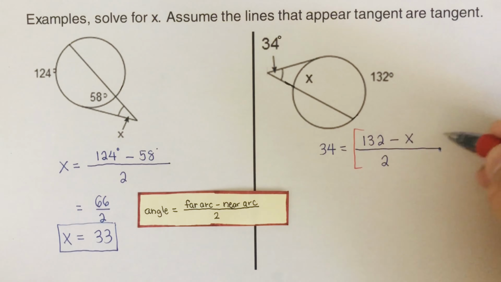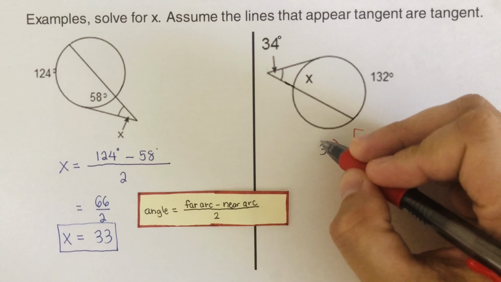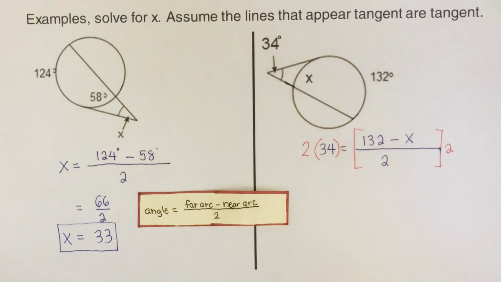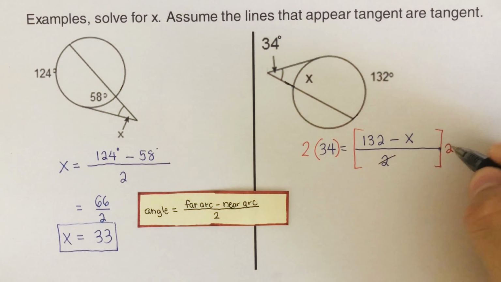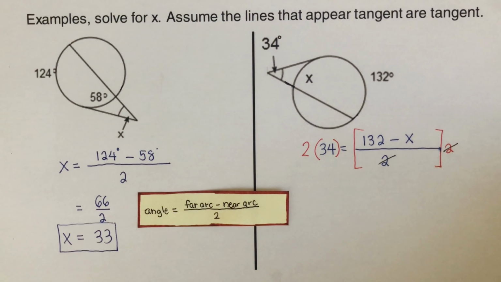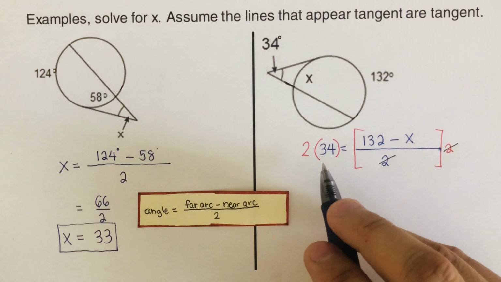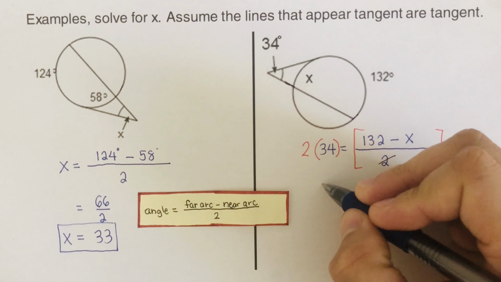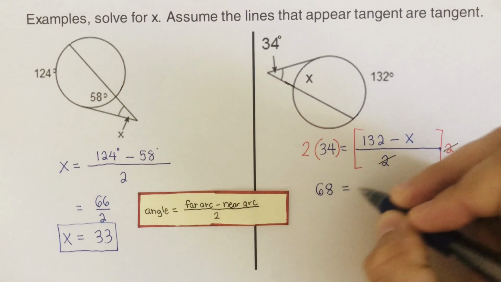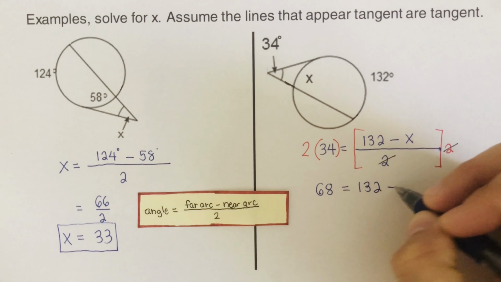If you multiply one side, I will multiply the other side as well. So then we can cross the 2 out. We are left with 2 times 34, which is 68, is equal to 132 minus x.